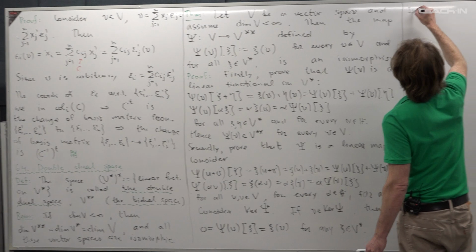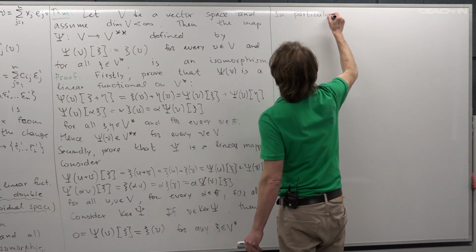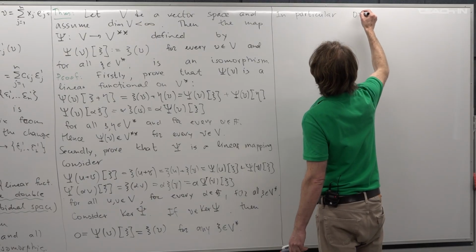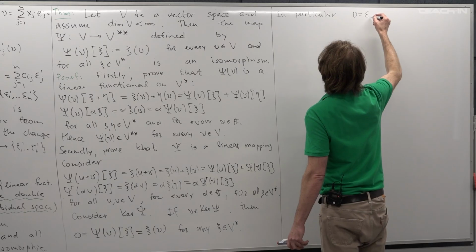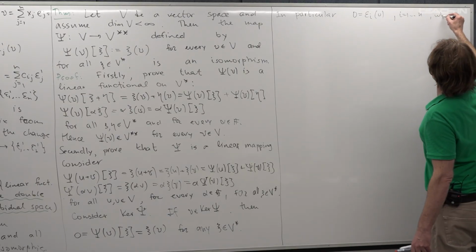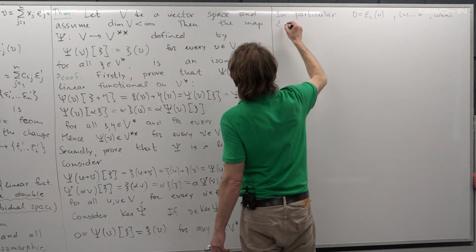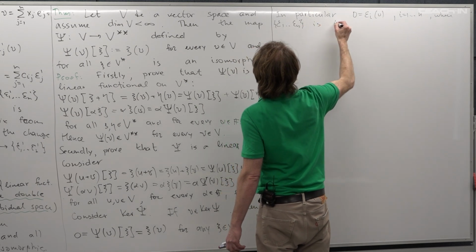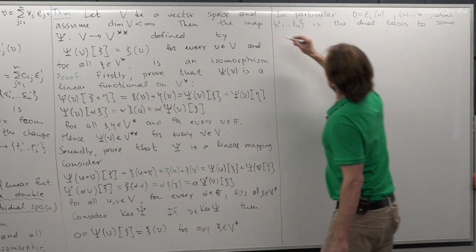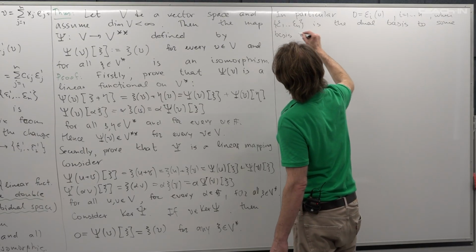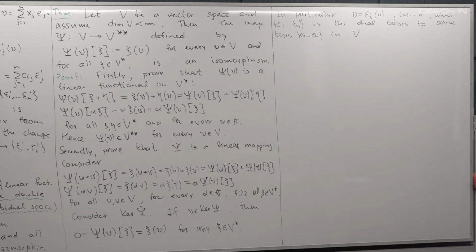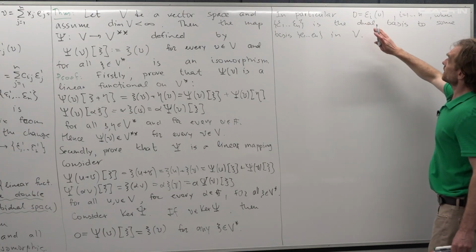In particular, 0 equals epsilon i of V for every i from 1 to n, where epsilon 1, etc., epsilon n is the dual basis to some basis e1, etc., en in the space V. And this is the coordinate functional.